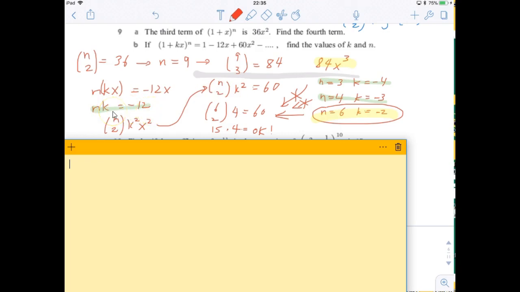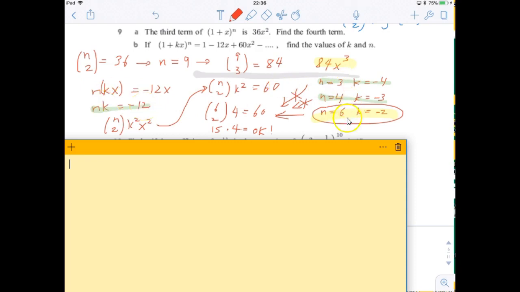But remember that if n and k both have to be integers, and n has to be a positive integer, then it seriously limits the choices, right? So I could say that n could be 3, 4, 6, maybe 2, but there's no other values that n could be that are positive integers where multiplied times k would give me negative 12, right?